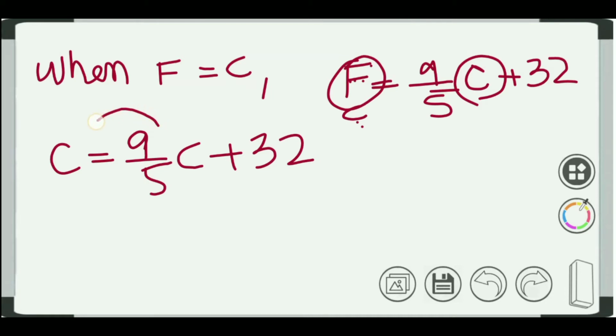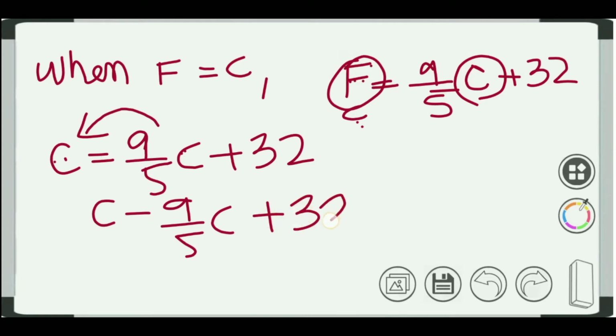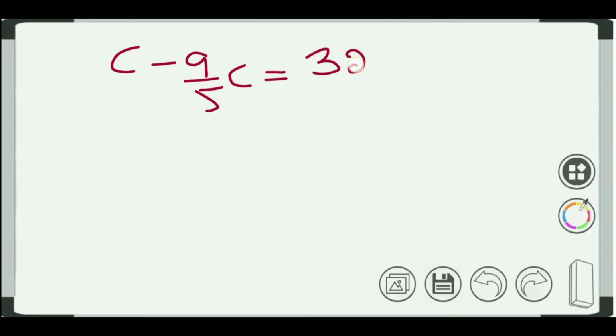I'm taking this 9 by 5 C this side. So positive 9 by 5 C will become negative. C minus 9 by 5 C equal to 32. I have taken both C terms together. So taking LCM here, it is 5.